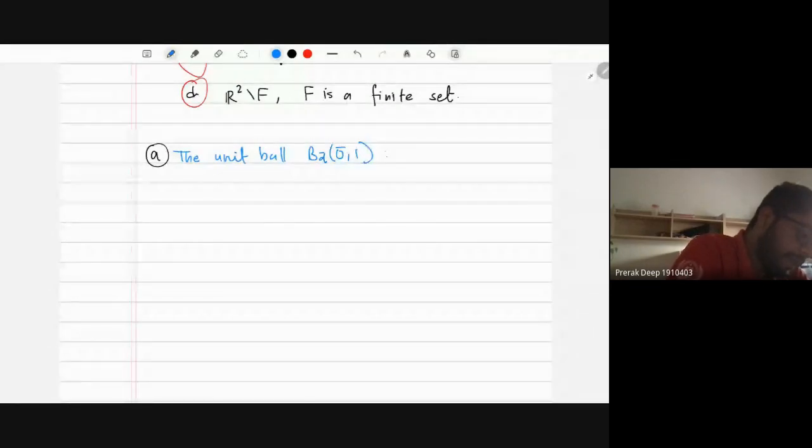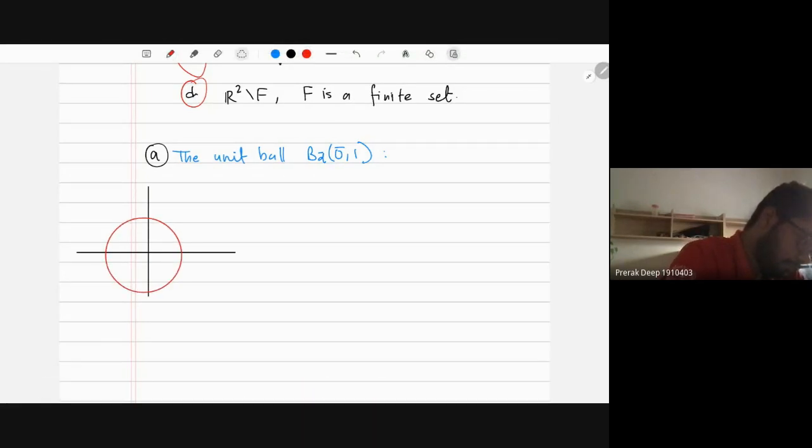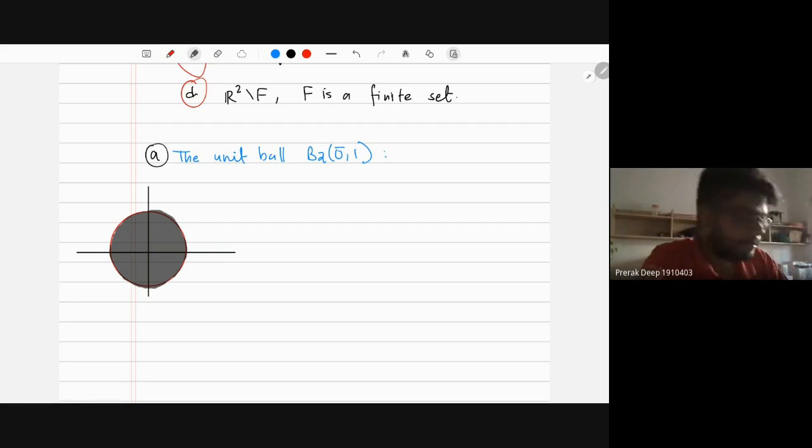Let me try drawing this. All right, so this is the ball that we are looking at.